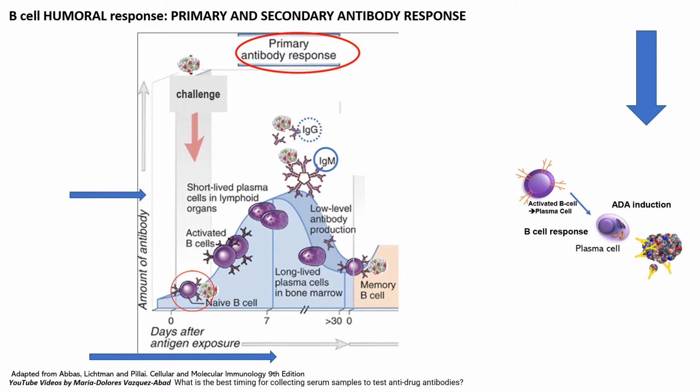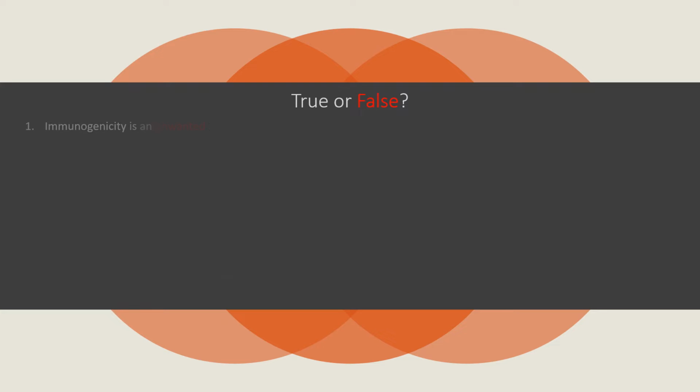There may be a few that could be IgG, but mainly they're IgM. And as the drug is cleared from the system, this level of antibodies are going down. And this is basically driven by long-lived plasma cells which reside in the bone marrow, and they will be producing low levels of anti-drug antibodies.